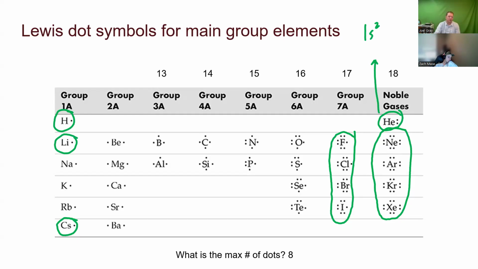And what do we know about lithium and that one valence electron? What is it easily going to do? It's easily going to lose that one valence electron. And whenever it does, then it only has 2 electrons, and effectively, it has the same electron configuration as helium.